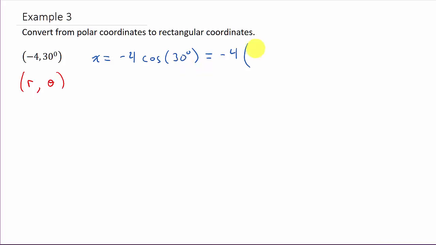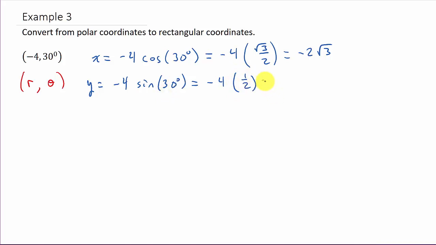Well, cosine of 30, if you remember that, is square root of 3 over 2. And so when I multiply these, the 2 and the 4 cancel. I'm left with -2 square root of 3. And then the y coordinate is -4 times sine of 30 degrees, and the sine of 30 degrees is 1/2.